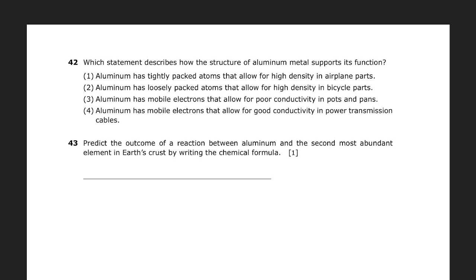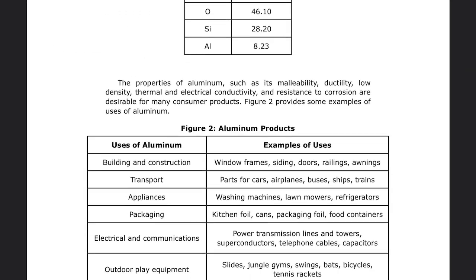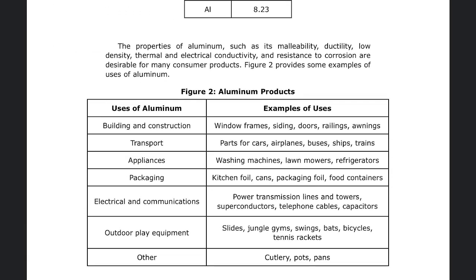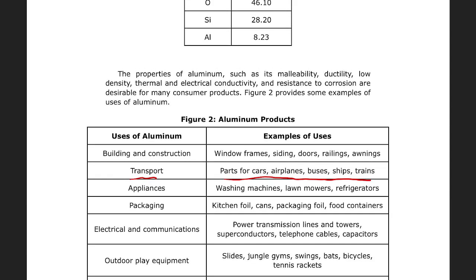So let's try and eliminate some of these answer choices. Choice 1 says that aluminum has tightly packed atoms that allow for high density in airplane parts. Let's go see if it says anything about airplane parts here. So if we look, it says that we have transport as a use and parts for airplanes, buses, ships, and trains. Let's see if it says anything about density.